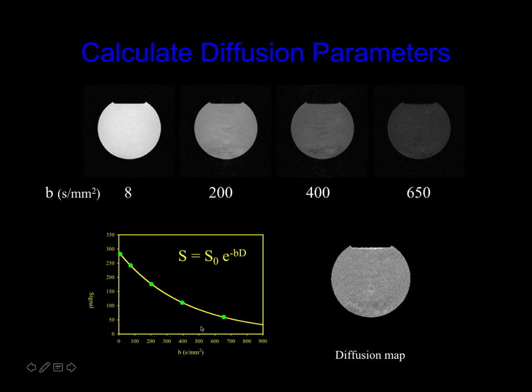We can then fit our equation. We know what the signal was without diffusion weighting. We know what the B values are that we applied and how the signal changed based on those B values. So then we can calculate the diffusion coefficient on a voxel by voxel basis and make a map here of what the diffusion coefficient is for this bottle of water.